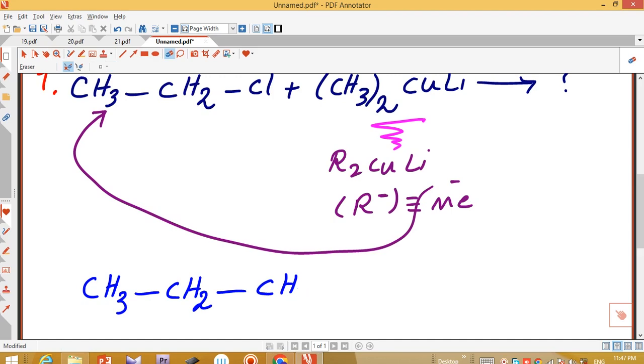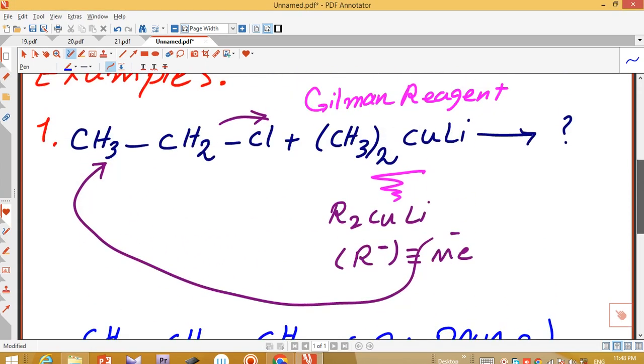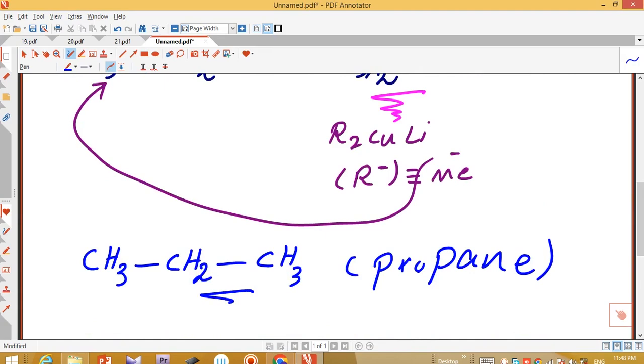Propane is our product. That is an alkane with 3 carbons, or C3H8. Okay, my friend, it was a very easy mechanism with everything.